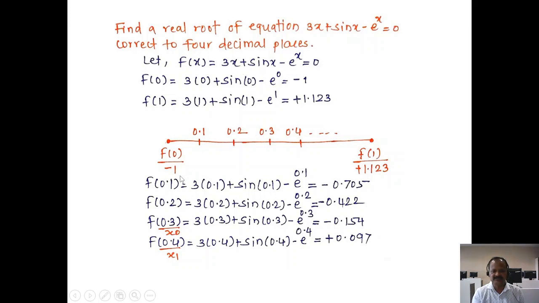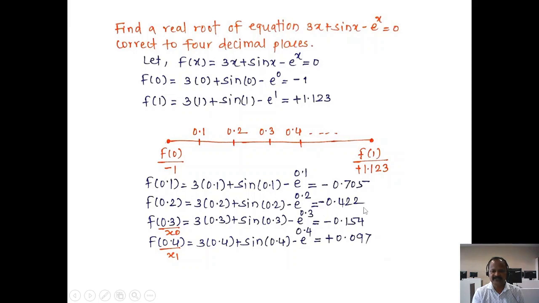So first put 0.1: f(0.1) is equal to 3 into 0.1 plus sin of 0.1 minus e raised to 0.1, which is equal to minus 0.705. So this answer is negative. Then put 0.2: f(0.2) is equal to 3 into 0.2 plus sin of 0.2 minus e raised to 0.2, equal to minus 0.422.